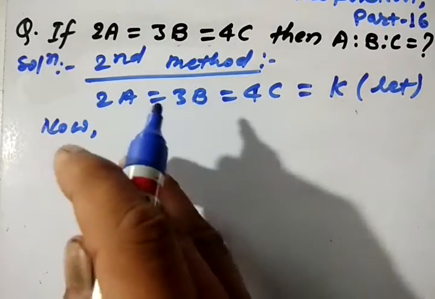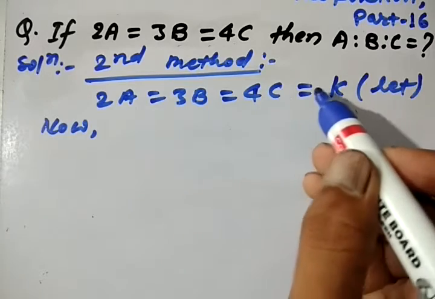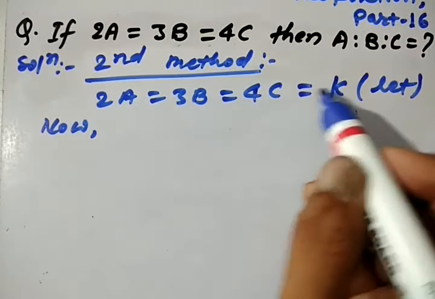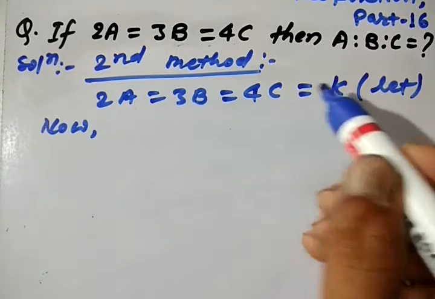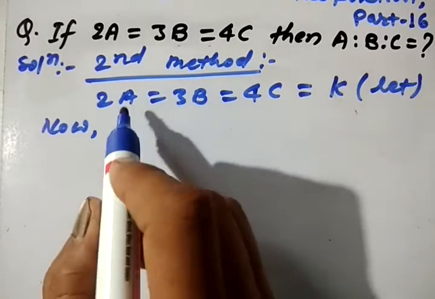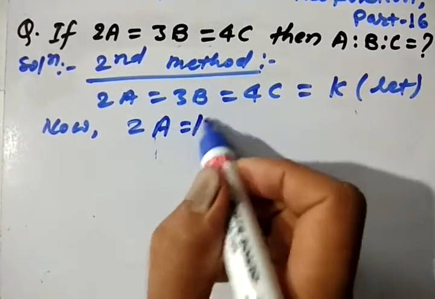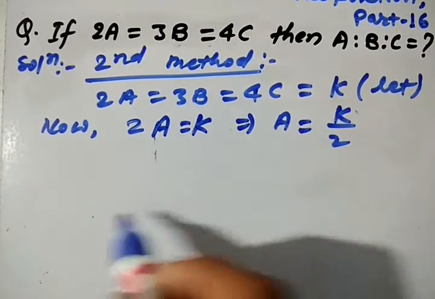Now we have to find these quantities in terms of k. Value of A in terms of k, value of B in terms of k, and value of C also in terms of k. Then we get 2a is equal to k. From this A is equal to k by 2.